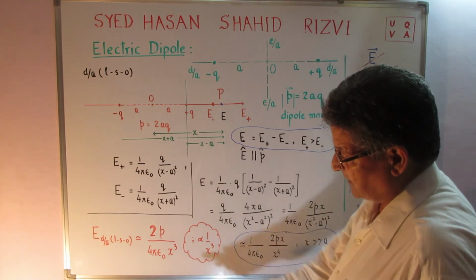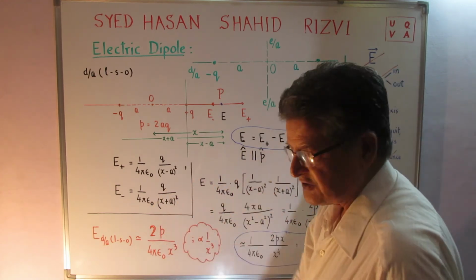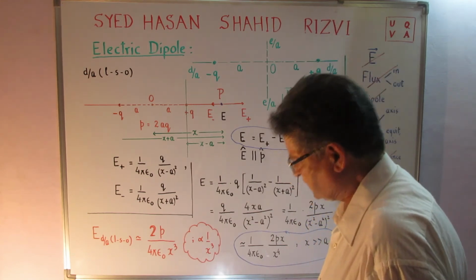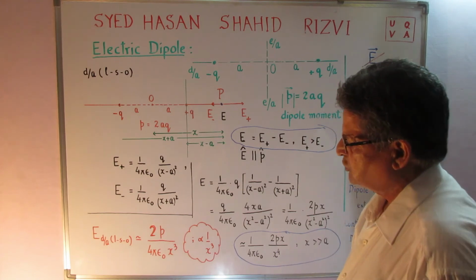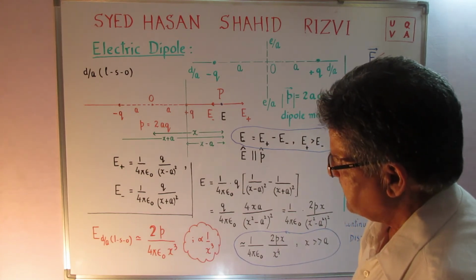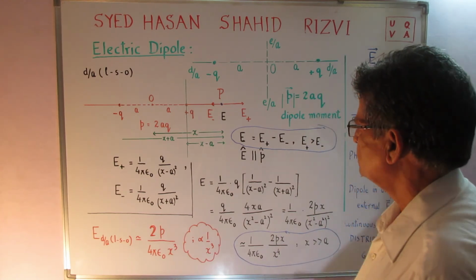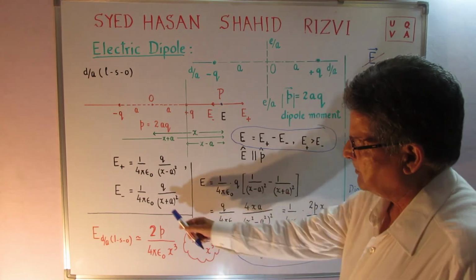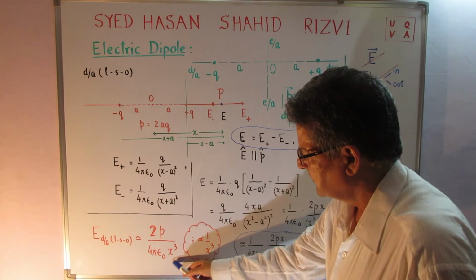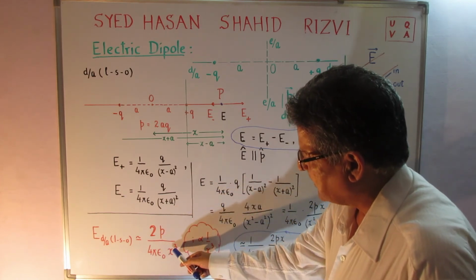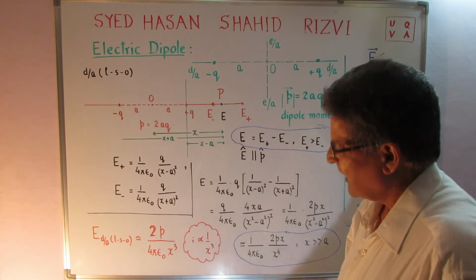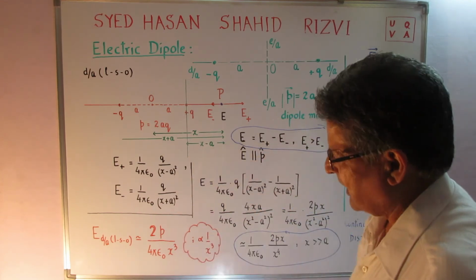Now to you it appears that 2 has been emphasized. Yes, this 2 has been emphasized because what we will obtain in the broadside-on position will be something like this: p upon 4 pi epsilon naught y cubed, if this direction is taken as y, or otherwise we can write both of them as r.